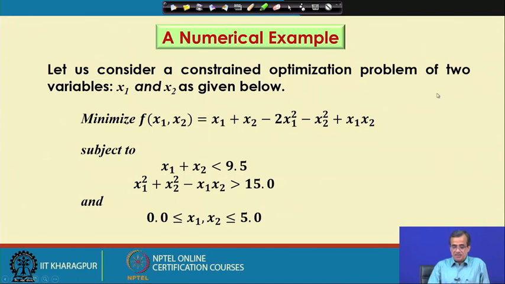So, this is the objective function, these two are the functional constraints, and this is nothing but the side constraint or the variable bounds.